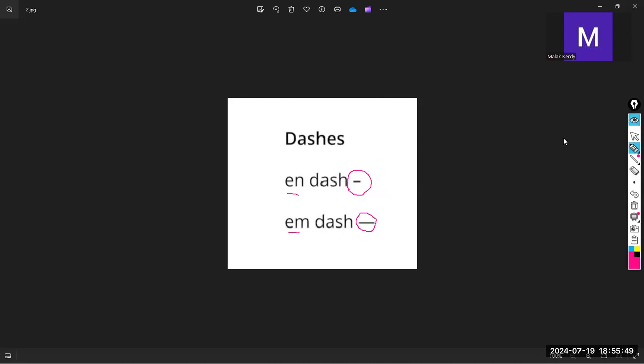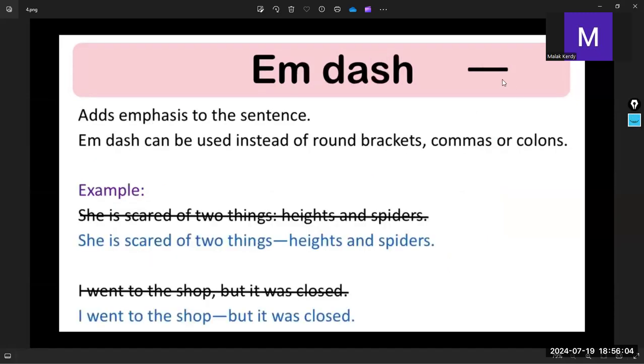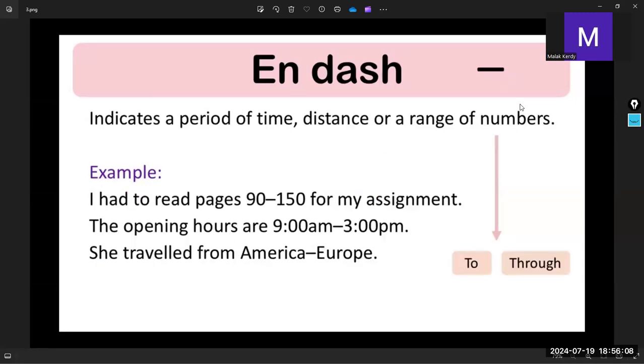So what is the difference between N dash and M dash? Now, this is the N dash, as I told you, which is smaller than the M dash. If I show you the next page, this is the M dash. We notice that this is bigger than the N dash.